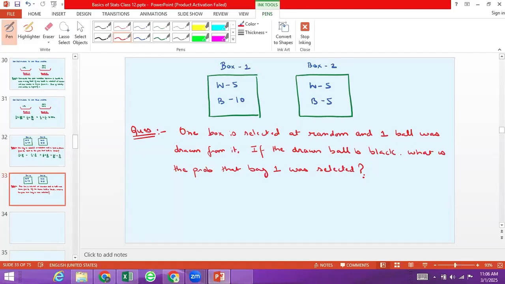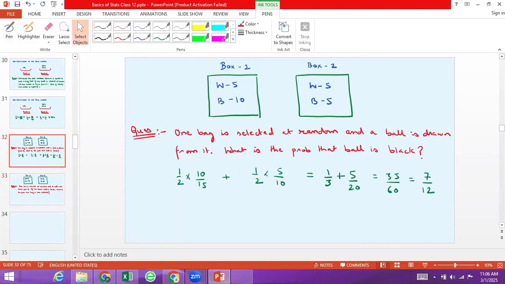Puneet, can you explain the previous question? I'm a little confused. Yeah, this one. So in this, there are only two possibilities, right? Either this box will get selected or this box will get selected. Let's first talk about the probability if box 1 was selected. The chances of box 1 getting selected is 1/2. Then the chances of drawing a blue ball from it is 10/15.